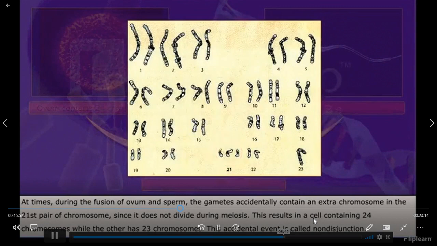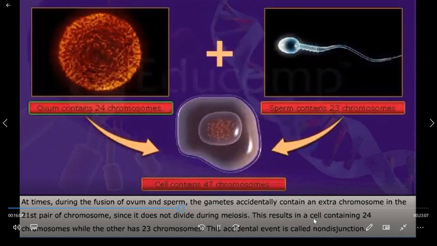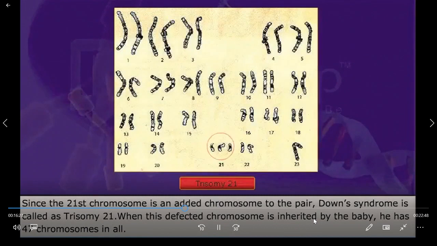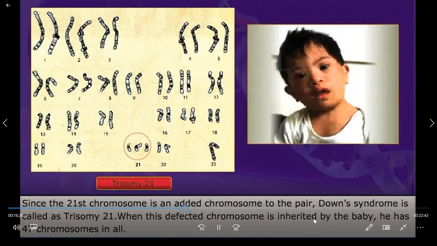in the 21st pair of chromosome, since it does not divide during meiosis. This results in a cell containing 24 chromosomes, while the other has 22 chromosomes. This accidental event is called non-disjunction. Since the 21st chromosome is an added chromosome to the pair, Down syndrome is called as trisomy 21.